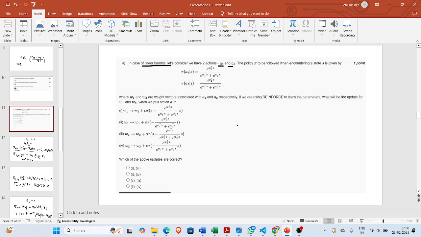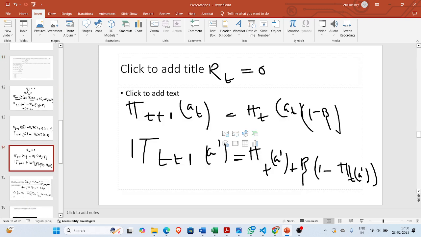Next we need this REINFORCE algorithm, and we need to use this. So from the REINFORCE algorithm part, this is the one, right?